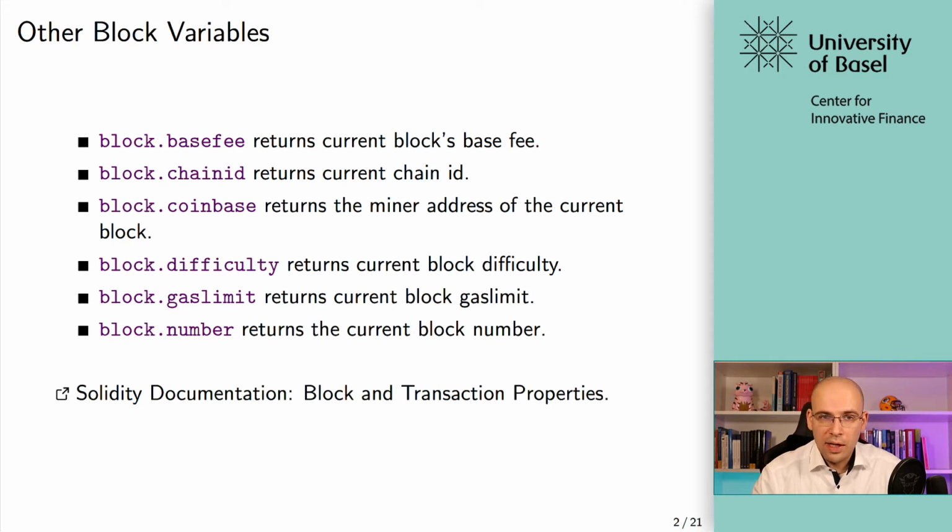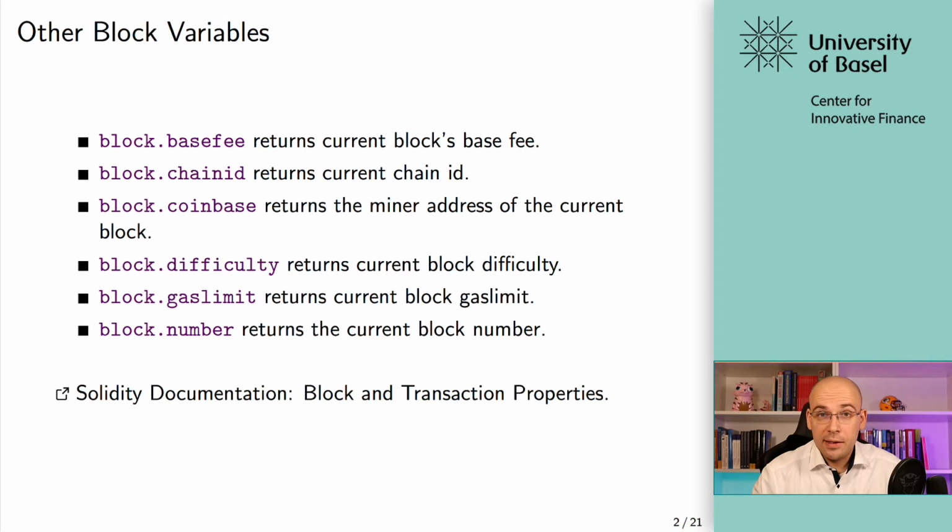Block.gaslimit returns the block's gas limit, and block.number returns the block's number. And as always, this refers to the block in which the specific transaction that uses these block variables is contained.